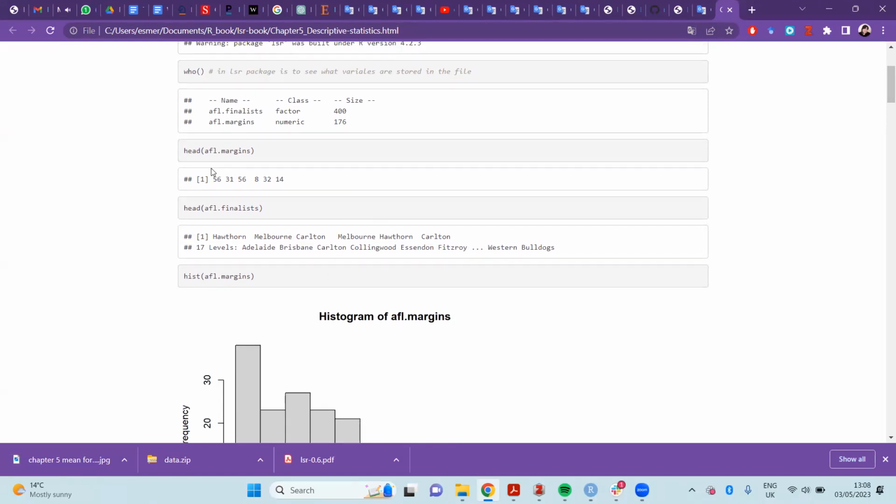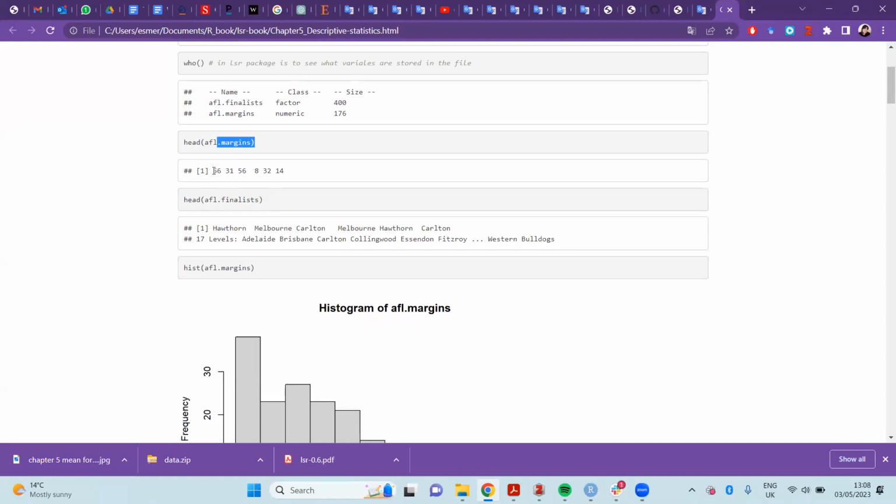We can see that the margins data set contains just numbers, which are the number of points annotated along the season. And the finalist data set contains names of the teams that played during the period we're seeing.